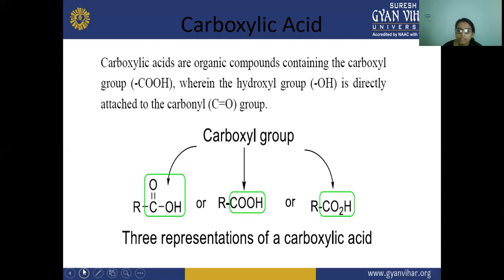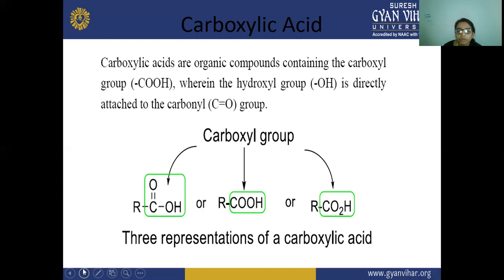So these are the structures of this carboxylic group. If you want to use the short form of this carboxylic group, then you can also write CO2H, and COOH.